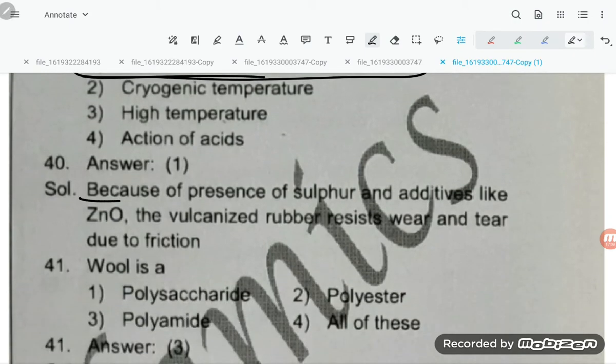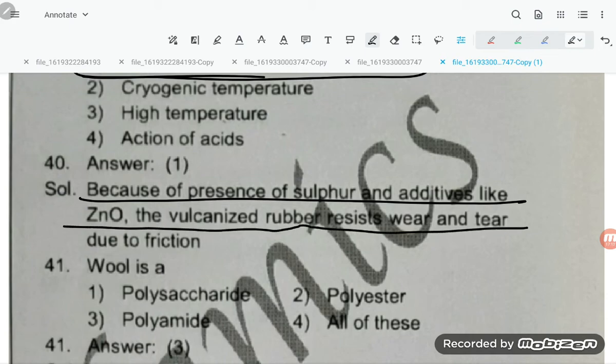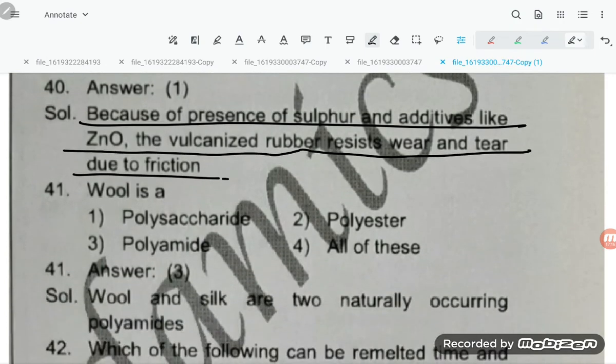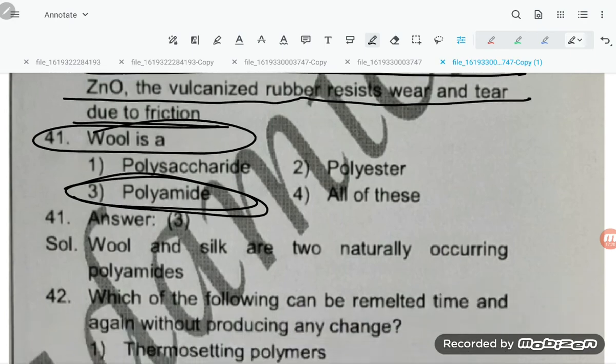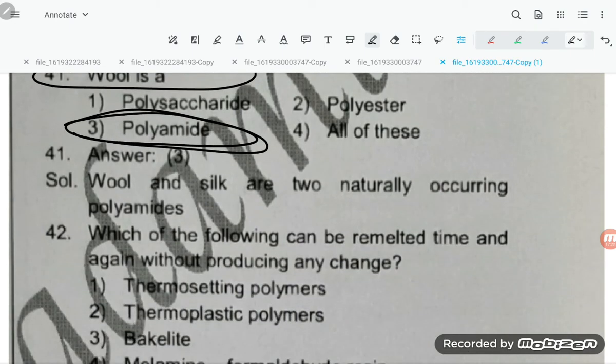Because of the presence of sulfur and additives like ZnO, the vulcanized rubber resists wear and tear due to friction. Wool and silk are two naturally occurring polyamides.